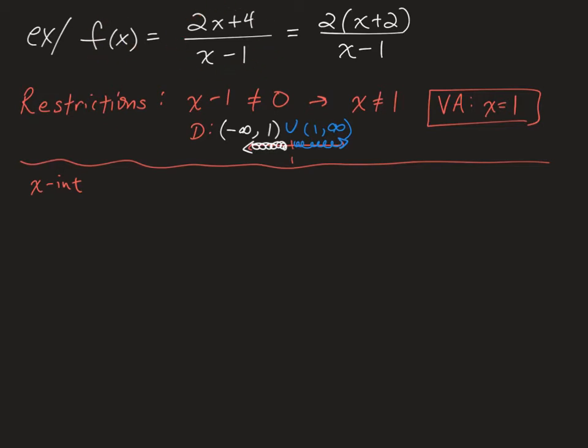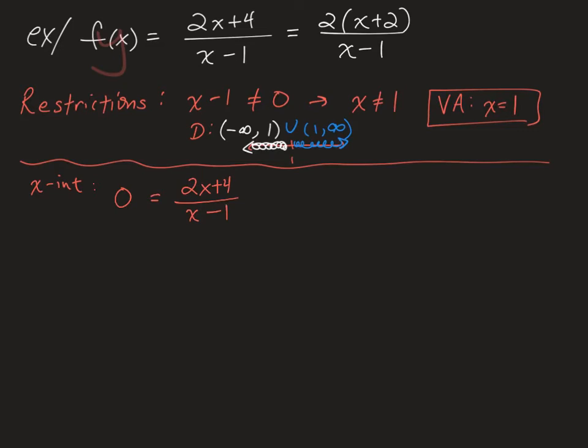The x-intercepts, the y values are 0. And if you remember from way back when, f of x and y are the same values. So we can just substitute 0 in for the entirety of f of x. So we'll have 0 equals 2x plus 4 over x minus 1.